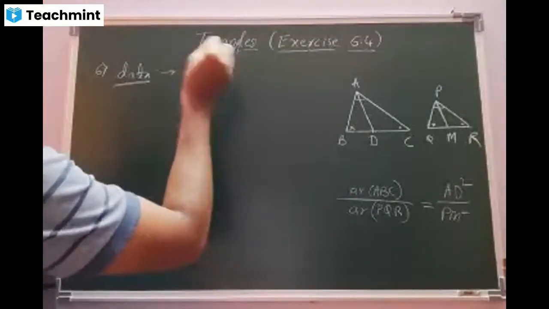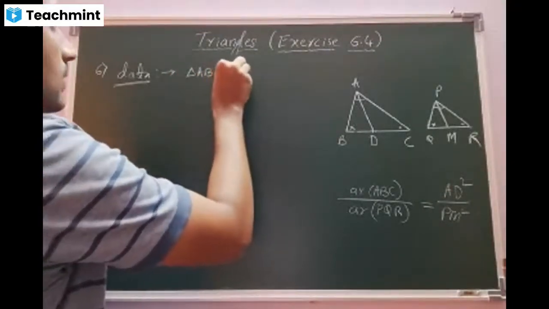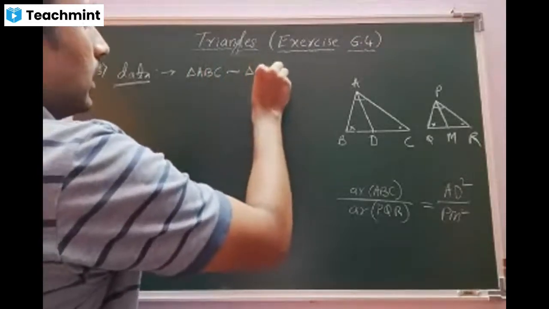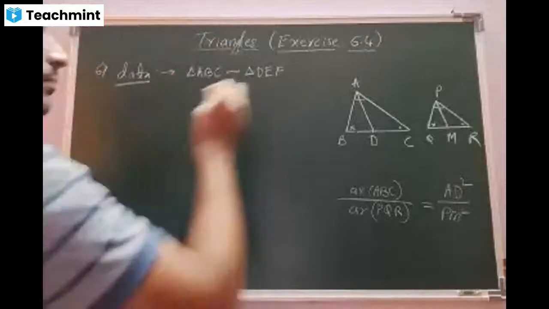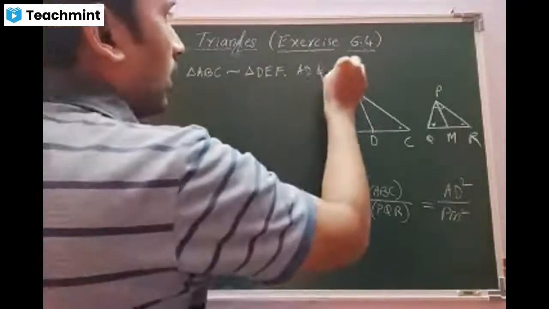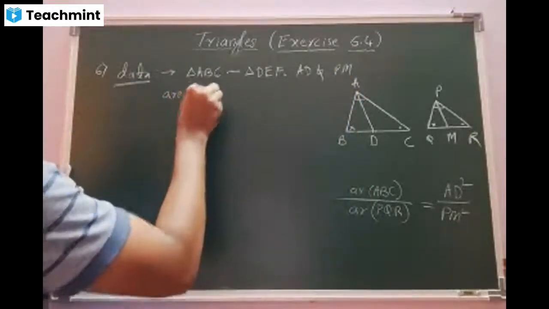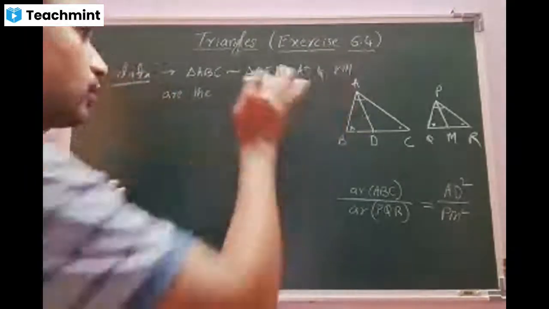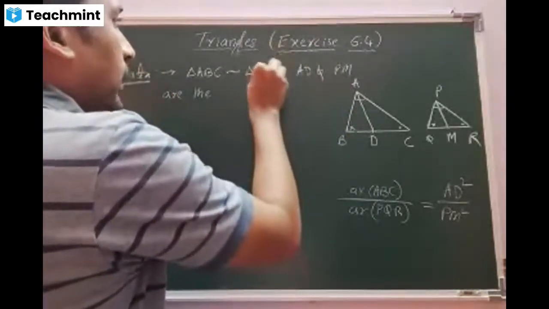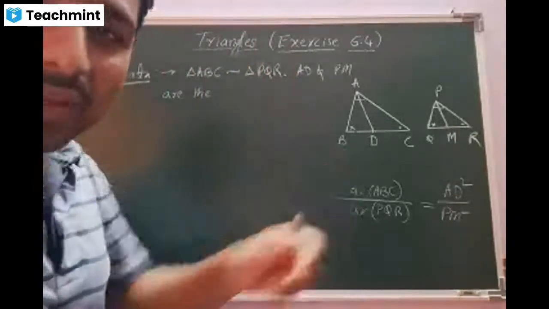Data: triangle ABC is similar to triangle PQR.